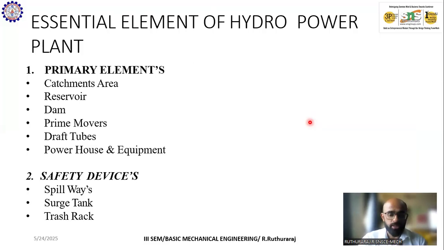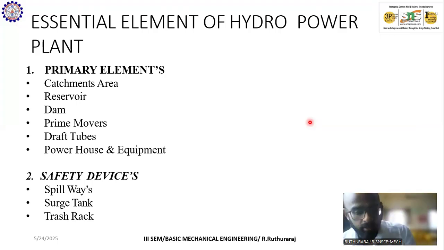Then safety equipments, so there is always a surge tank and trash rack. Surge tank is used to store the water before directly striking the turbine. If the surge tank is not available, then there may be some variation in the flow which may cause the penstock to burst. If the penstock bursts, the entire dam will be damaged.